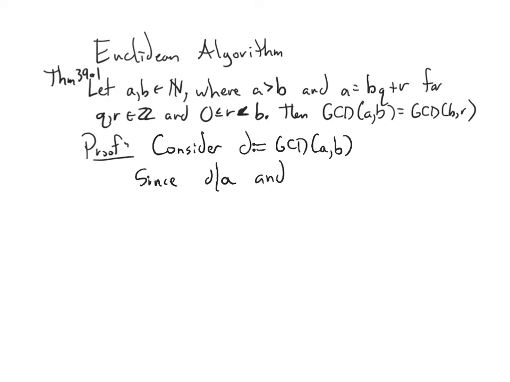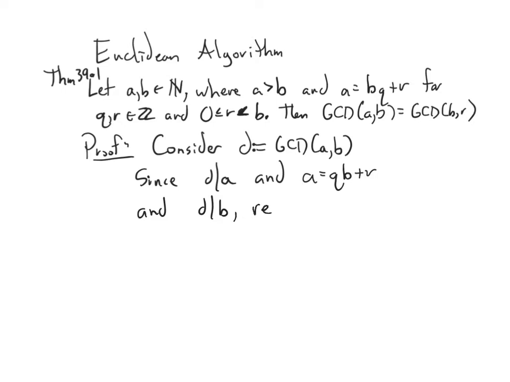And we know that a can be written as qb plus r, like above. Well, a equals qb plus r. What else do we know? Well, we also know that D is a factor of b.